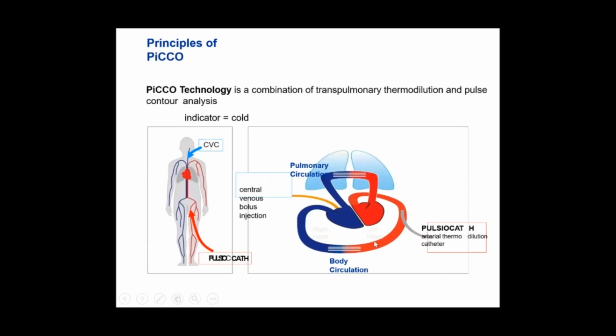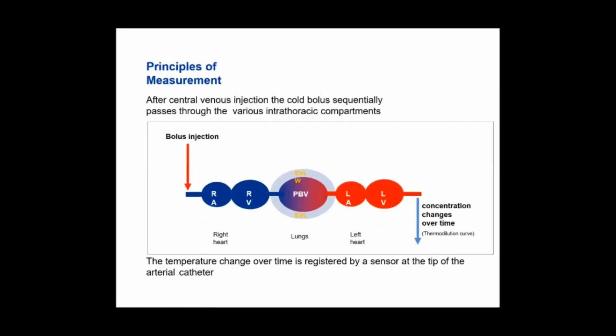So we get a transpulmonary circulation, we already discussed, from central venous bolus injection, goes to the right side of the heart, then through the pulmonary circulation into the left side of the heart, and from here to the Pulsiocath. So from the Pulsiocath we can get the arterial waveform analysis, which will use the pulse contour analysis, and then we have the transpulmonary thermodilution. So it's a combination of transpulmonary thermodilution and pulse contour analysis in the PICCO technology.